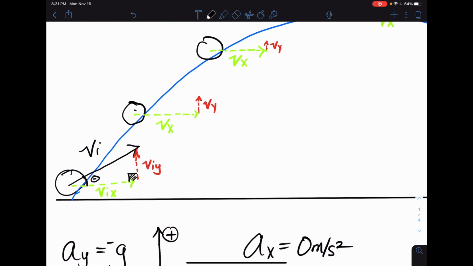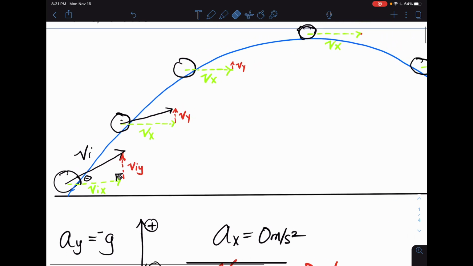And the answer is no. In fact, this total velocity right here is going to be smaller than Vi. So I can call it just V.